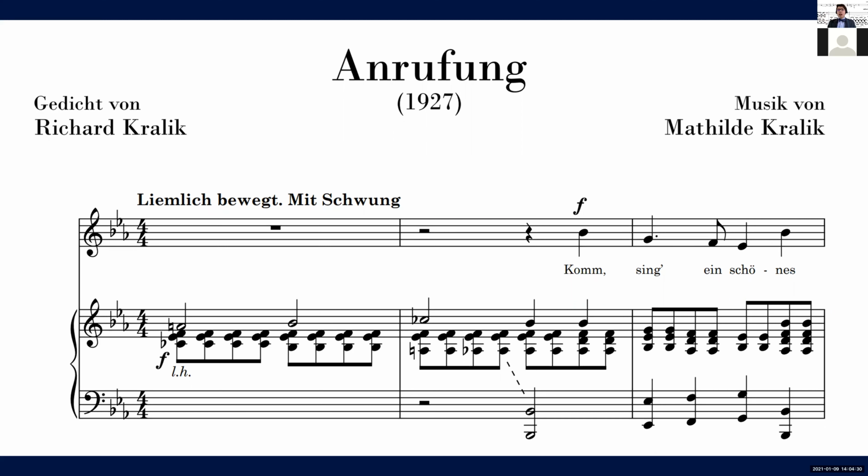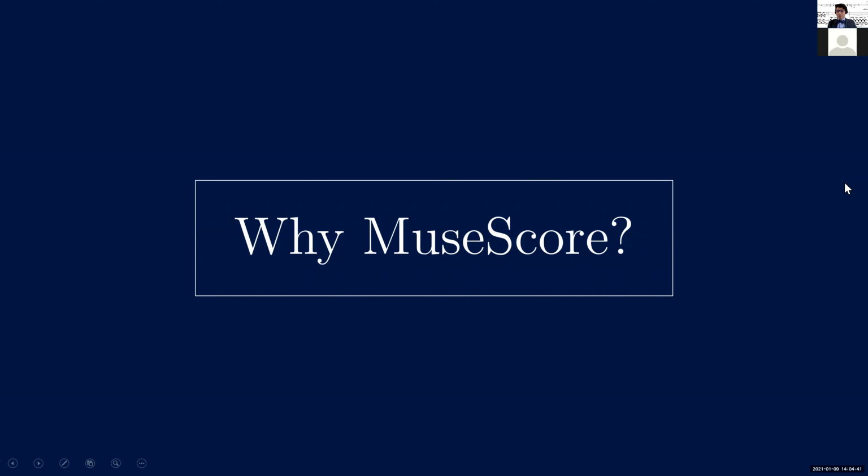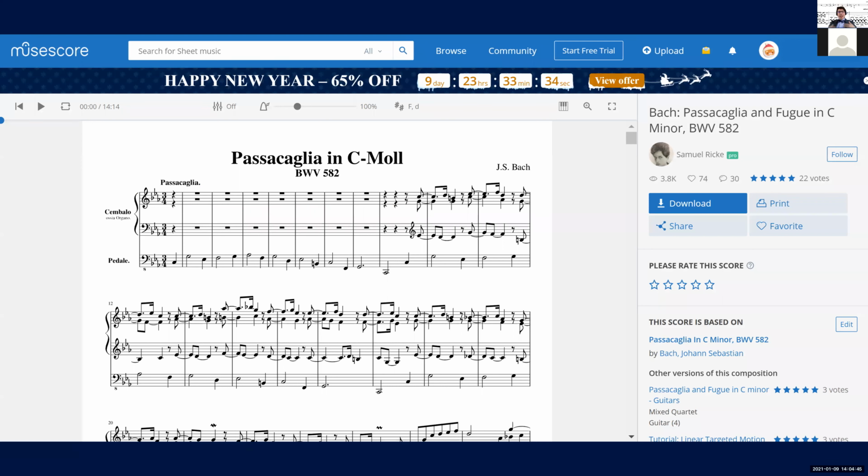So before we dive right into how we improve efficiency in MuseScore, I just want to talk about why we would use MuseScore. Possibly the least important reason for me is that MuseScore has a score sharing community. For example, I have this image right here of the Passacaglia in C minor of Bach that someone wrote out into MuseScore and then uploaded.